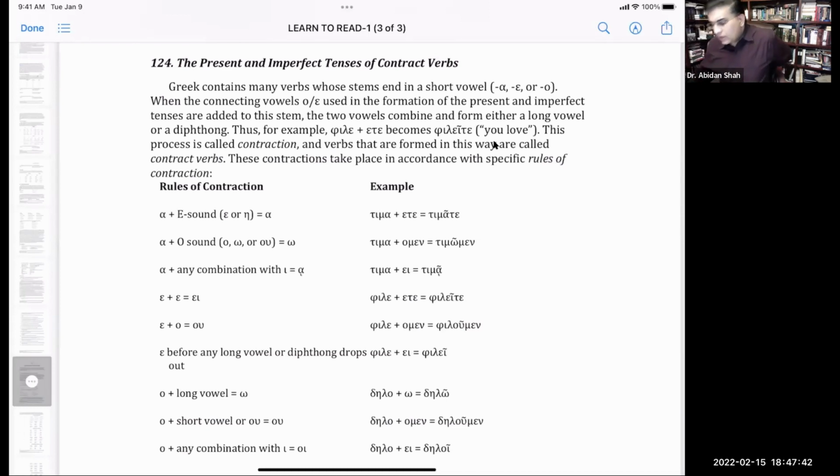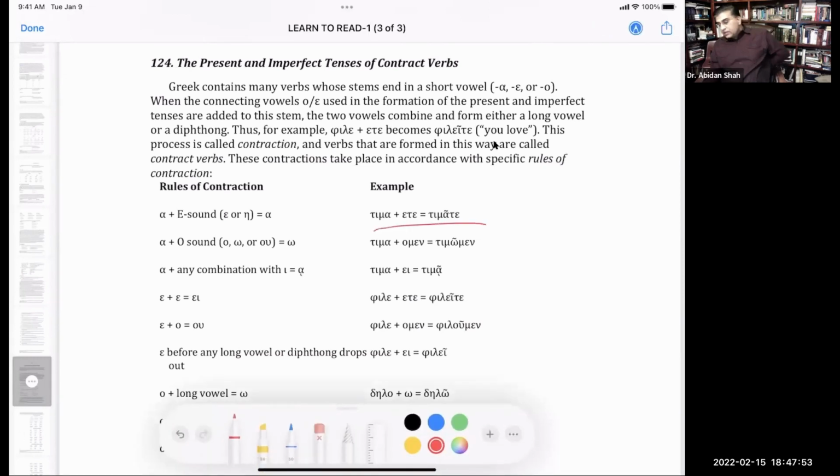So alpha plus an epsilon sound takes on alpha, keeps the alpha. So tima plus ete is timate. Alpha plus an omicron sound, whether an omicron or an omega, or ou as an omicron and upsilon, retains the omicron sound. So tima plus omen is timomen.